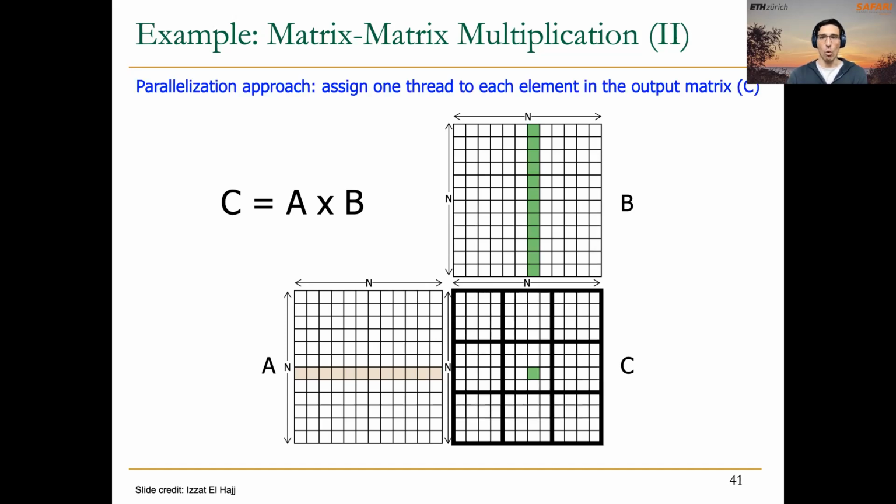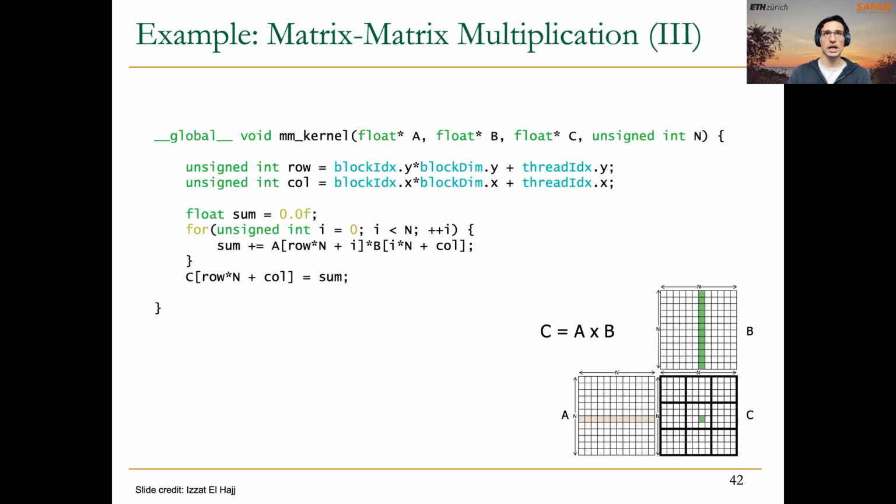The straightforward parallelization, which probably also provides quite good performance, is to assign one thread to each element of the output matrix. Each thread inside the GPU kernel will have to go through the whole row of A and column of B, as we can see in this code.